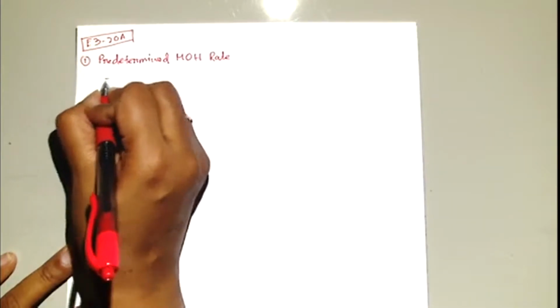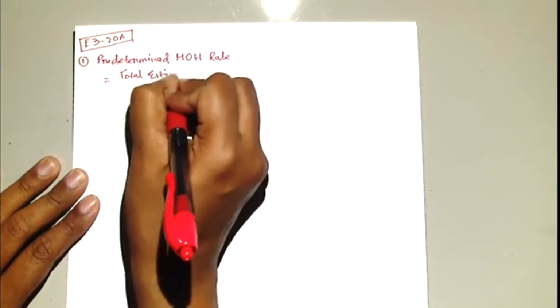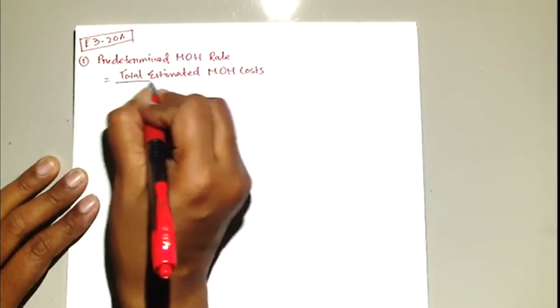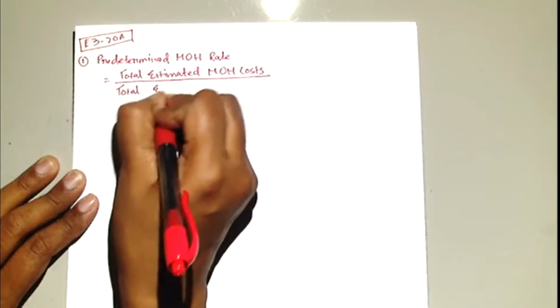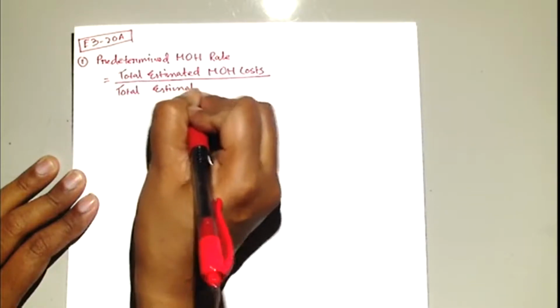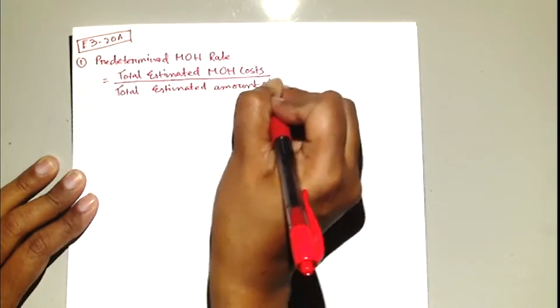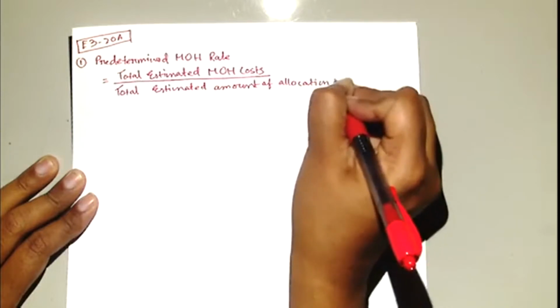Overhead rate, which is total estimated manufacturing overhead cost. I'm writing every time so that you don't forget it. And total estimated amount of allocation base.